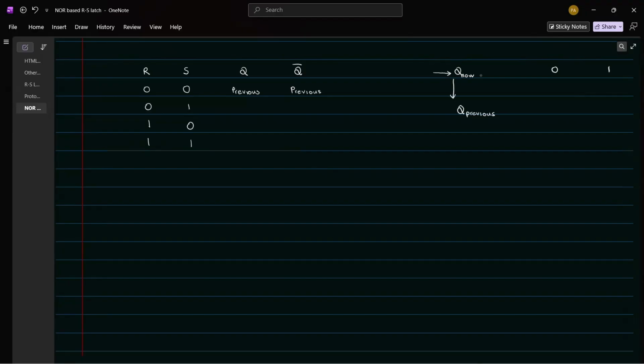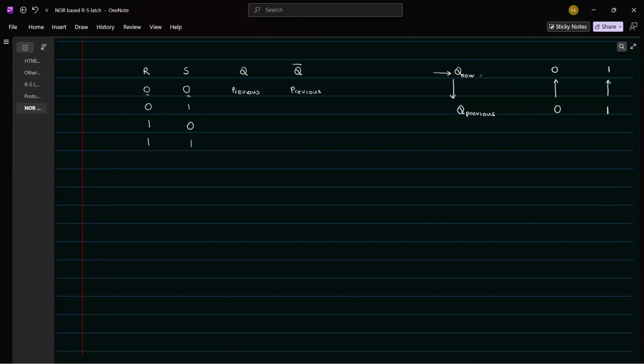When R is equal to 0 and S is equal to 0, Q has to keep its original or initial previous state. So if Q previous was 0, Q now will also be 0. If Q previous was 1, Q now will also be 1. It will keep being 0 or keep being 1.